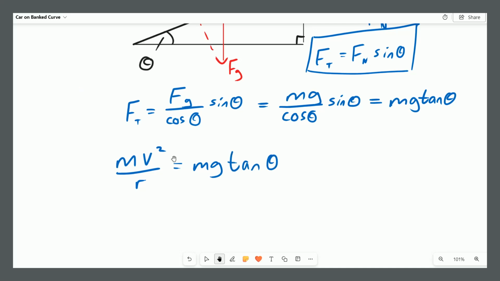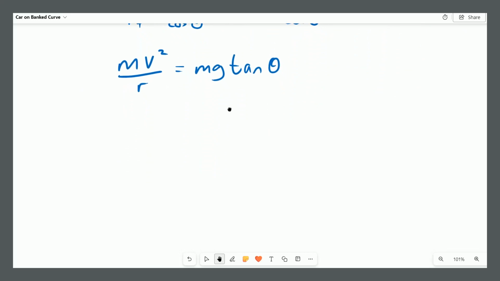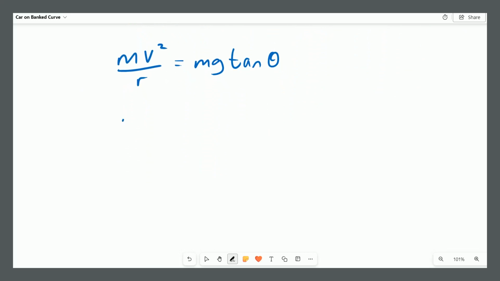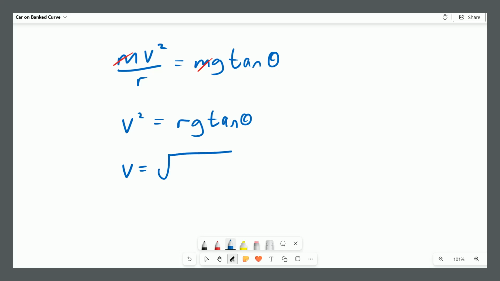And we can rearrange this to solve for our velocity. So v squared, our m's cancel out, by the way. So we just have v squared equals rg tan theta, and if we take the square root, we get that our maximum velocity is the square root of rg times the tangent of theta.